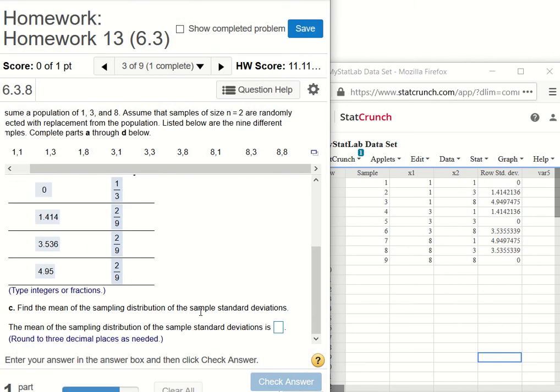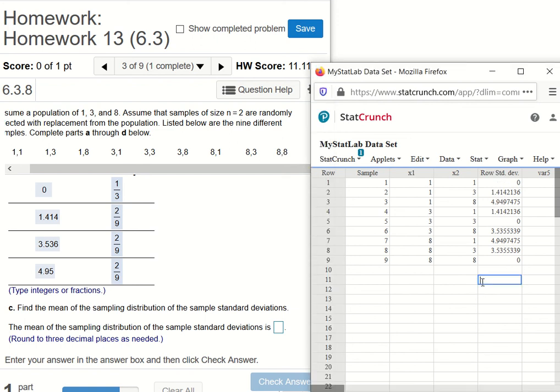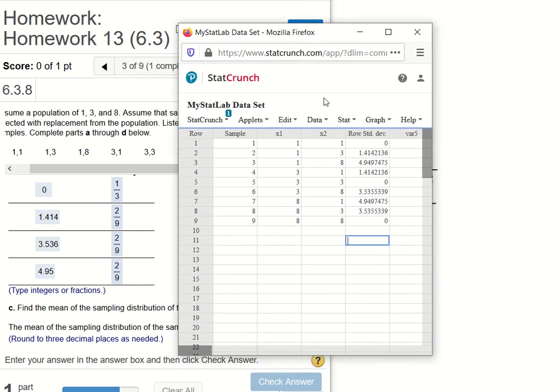Okay, now let's look at part C. Find the mean of the sampling distribution of the sample standard deviation. So we want to find the mean of these sample standard deviations. Let me move it over here.